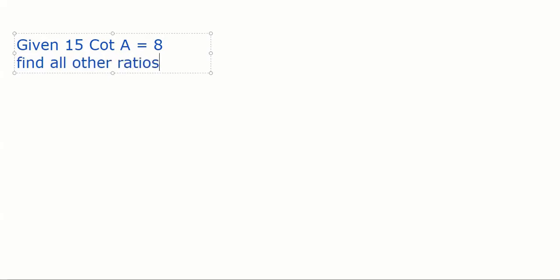That means one ratio, cot, is given, and you find the other 5 ratios. So what you will do is rearrange this equation 15 cot A equal to 8 into the form of cot A. So cot A is 8 over 15, guys.